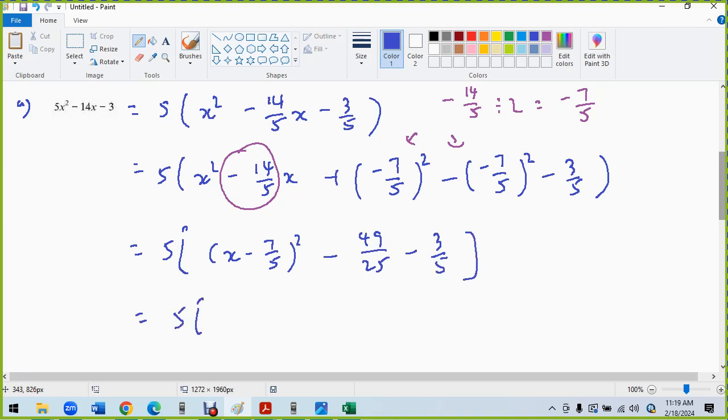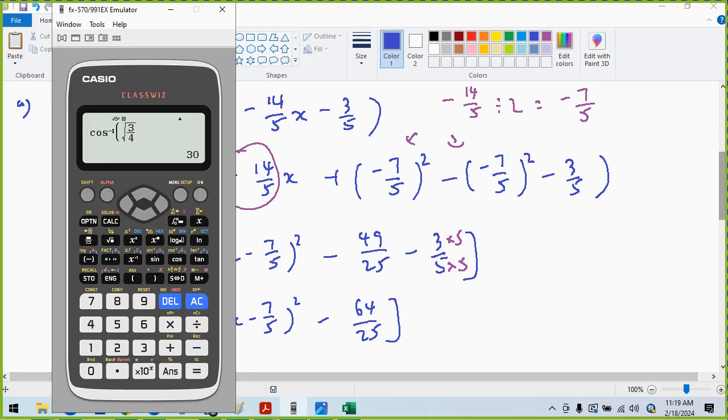So we have 5 times x minus 7 over 5 squared. Then for the rest we can just multiply by 5. We have negative 49 over 25 minus 3 over 5, so negative 64 over 25.